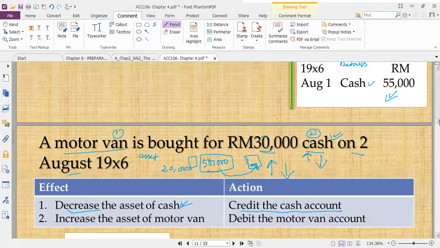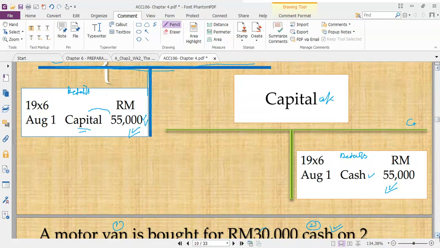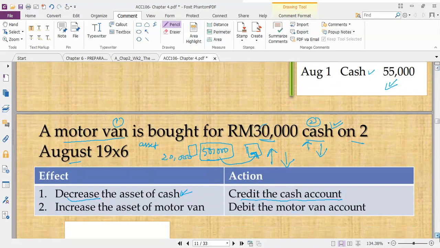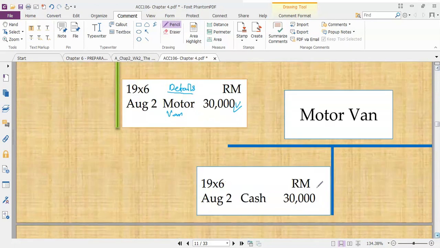But for the motor van account, on the debit side we must put 30,000, and the detail is cash.